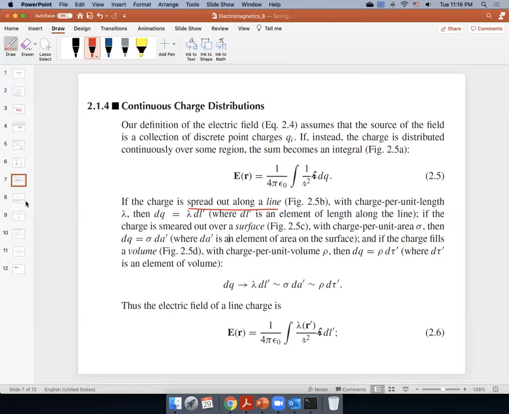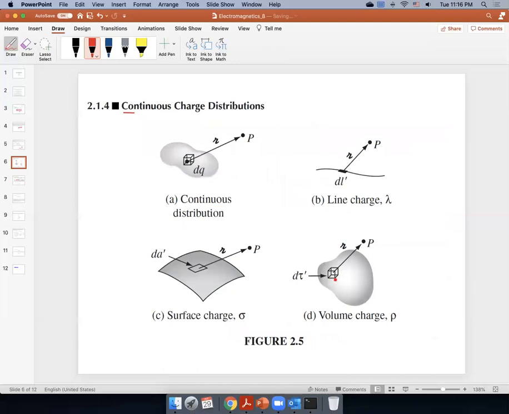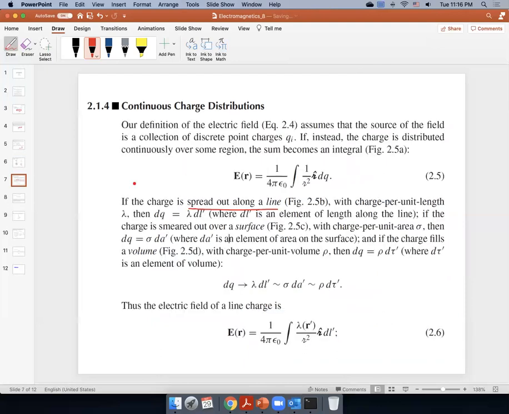And if the charge is in a volume, you can consider an infinitesimal volume dt prime, and if the charge density is rho, then dq equals rho dt prime.